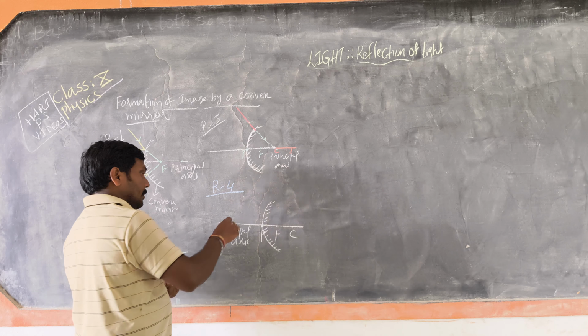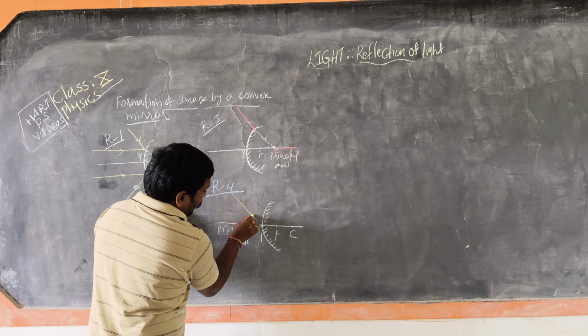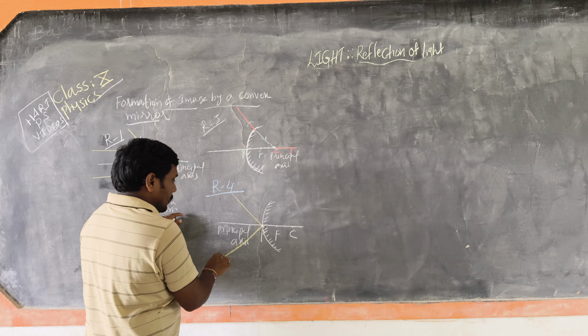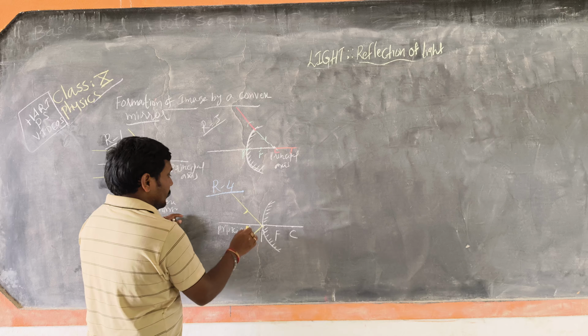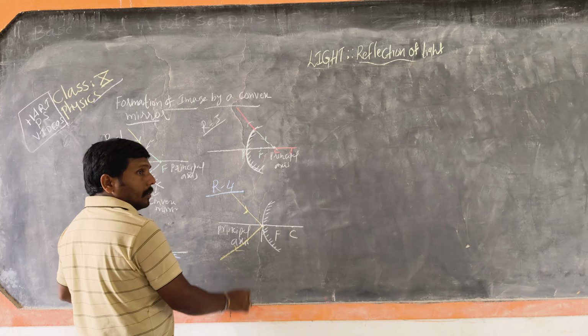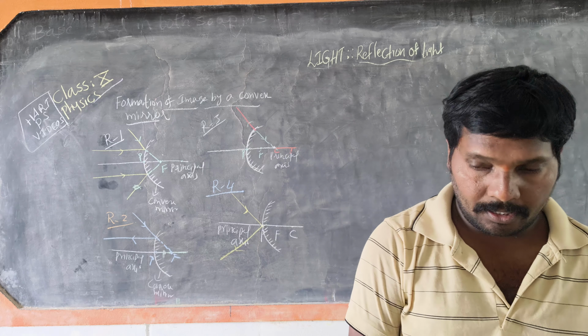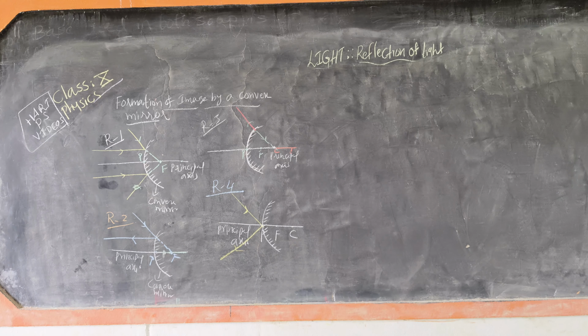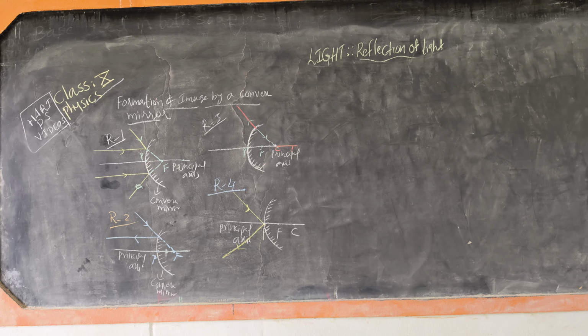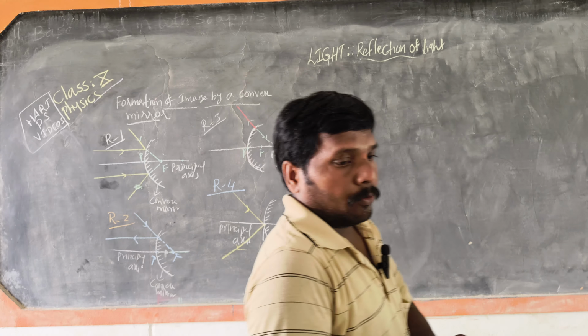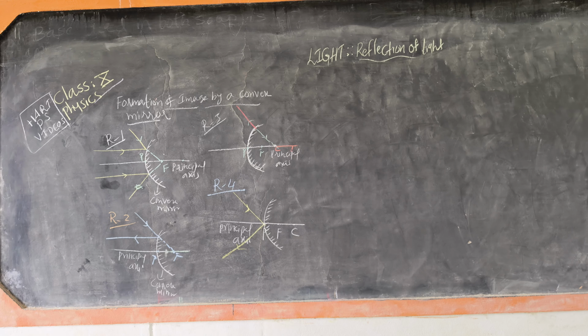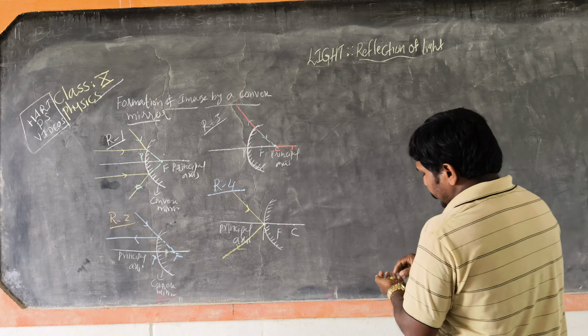If the light ray makes an angle with the pole, after reflection, what will happen? It is reflected making some angle with the principal axis. So these are the four rules for image formed by a convex mirror.